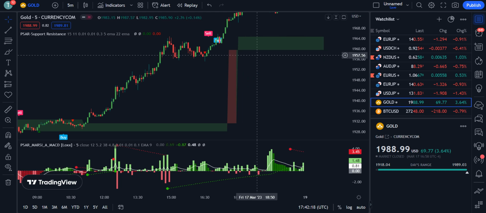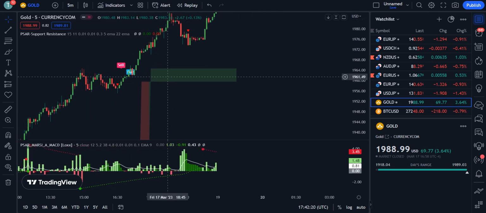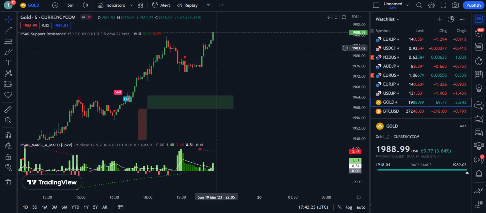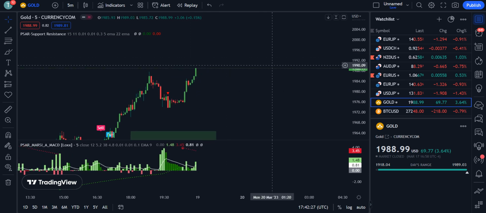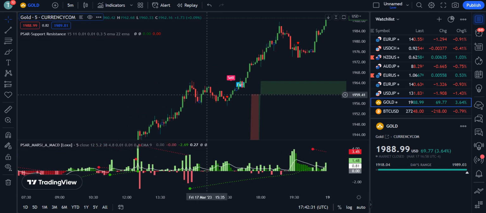Our market has moved above this, so we wait for another resistance level again, and this will act as a support level. So this is all about the strategy.